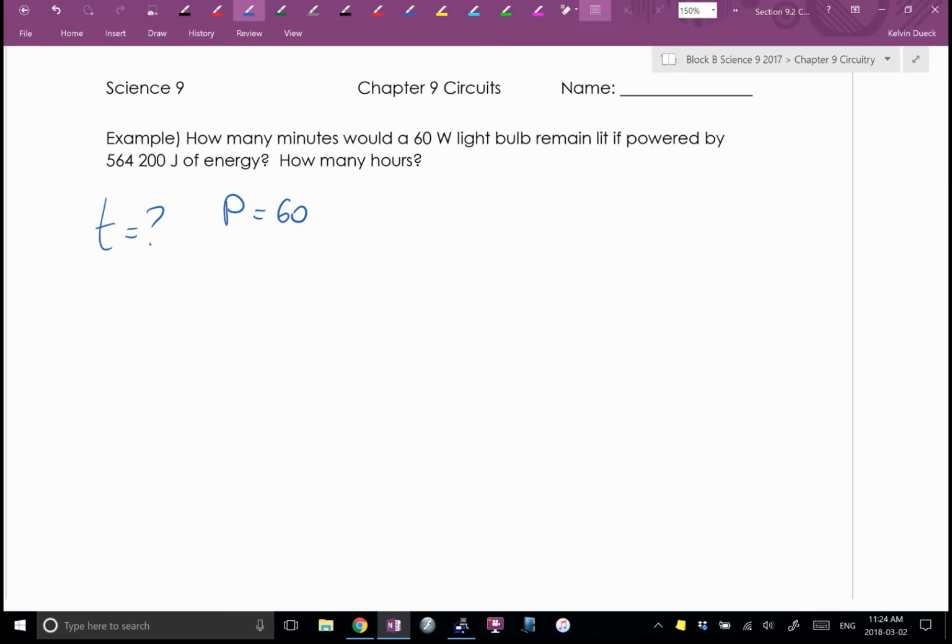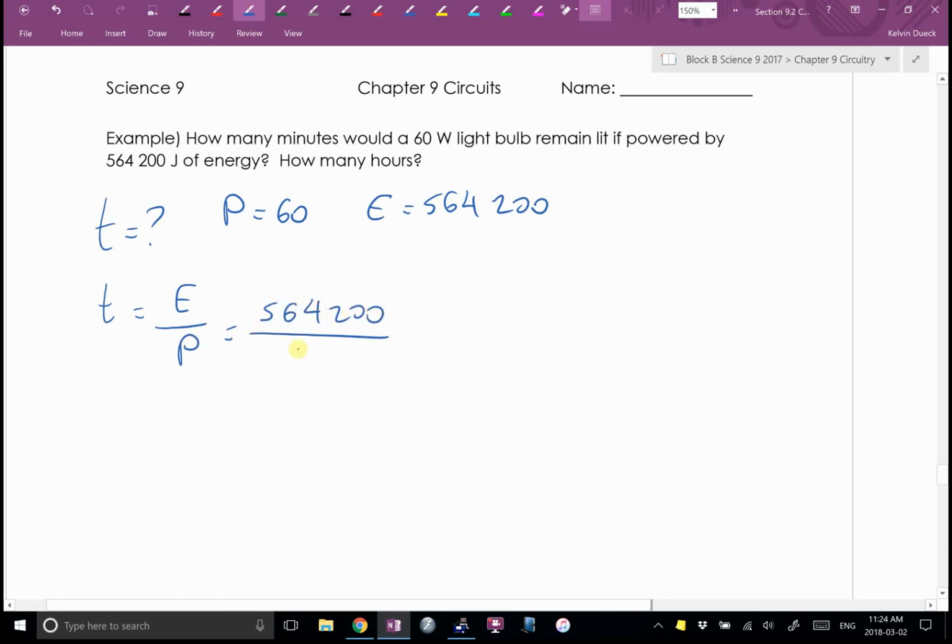What letter? 564,200. Leah, I'm looking for an equation that has a T, a P, and an E in it, and has the T by itself, please. So it's going to be 564,200 all over 60.